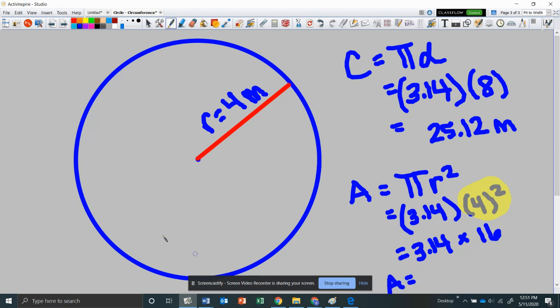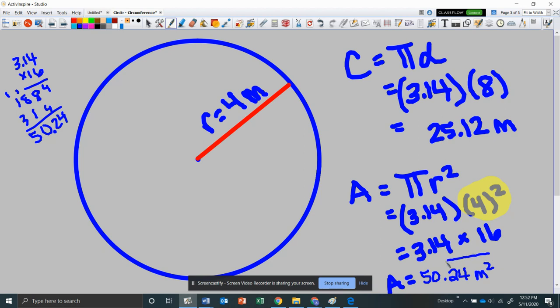So my area is going to equal, let's do our math, 3.14 times 16. And I've got 2 decimal places, would be 50.24 square meters, or meters to the second power.